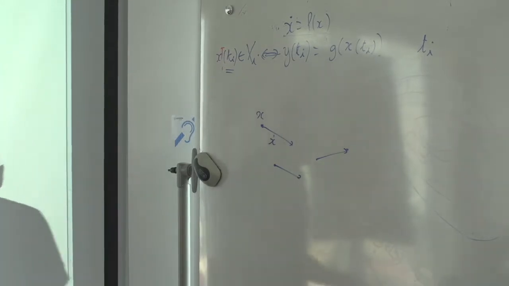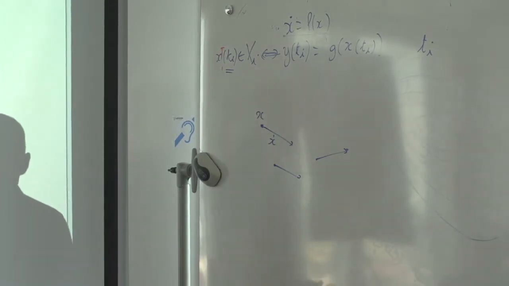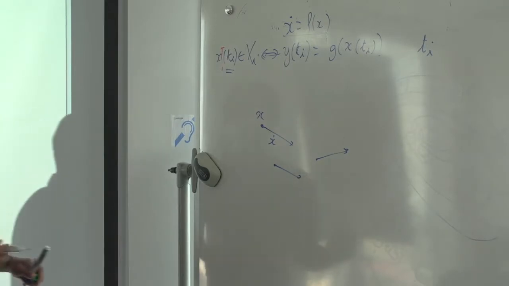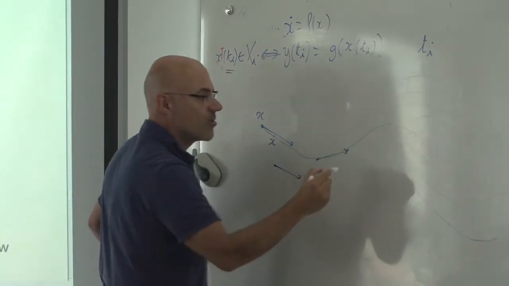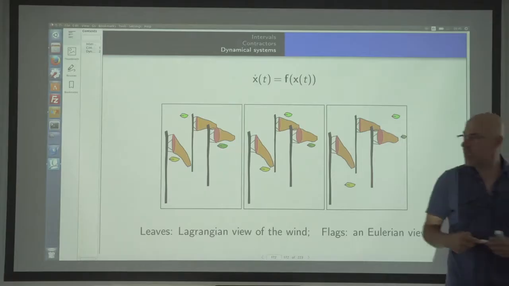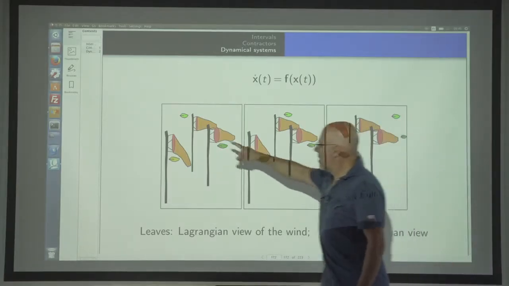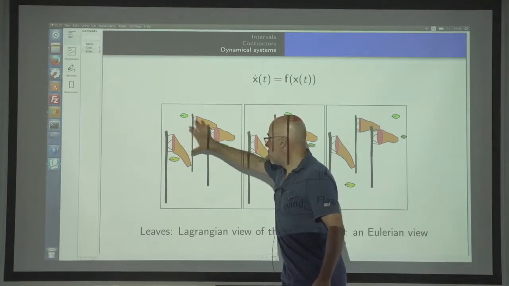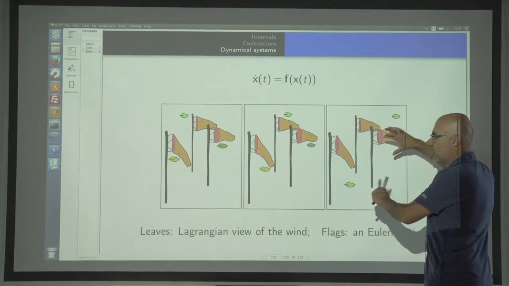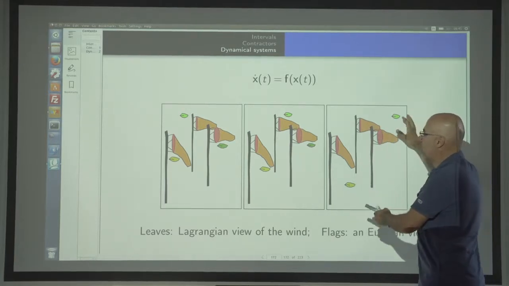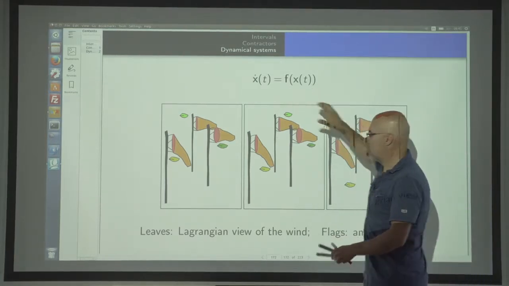To have a good geometrical understanding of the differential equation, you can take a point and follow it. And you get a trajectory, and it is what is represented here by the leaves. You follow the leaf, they move, and when you see the leaf moving, you have an idea of the wind. The wind corresponds to this.